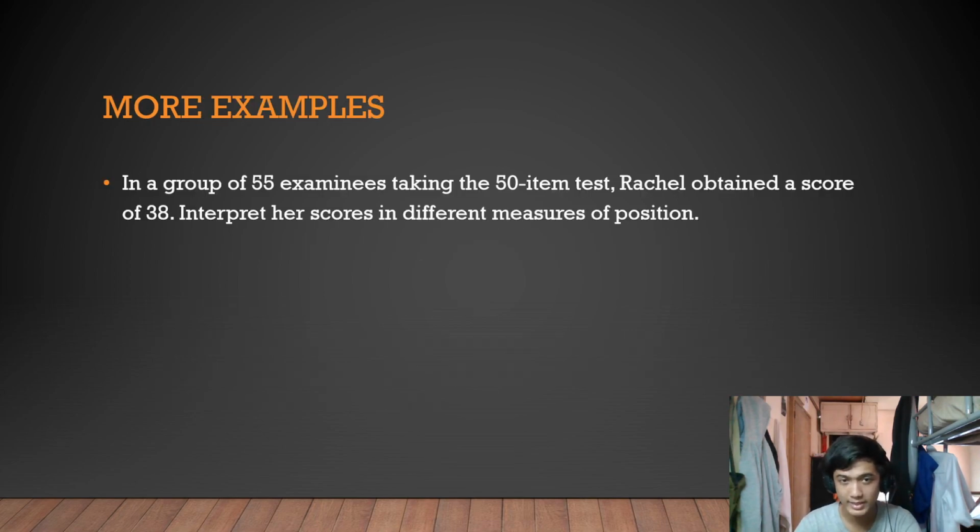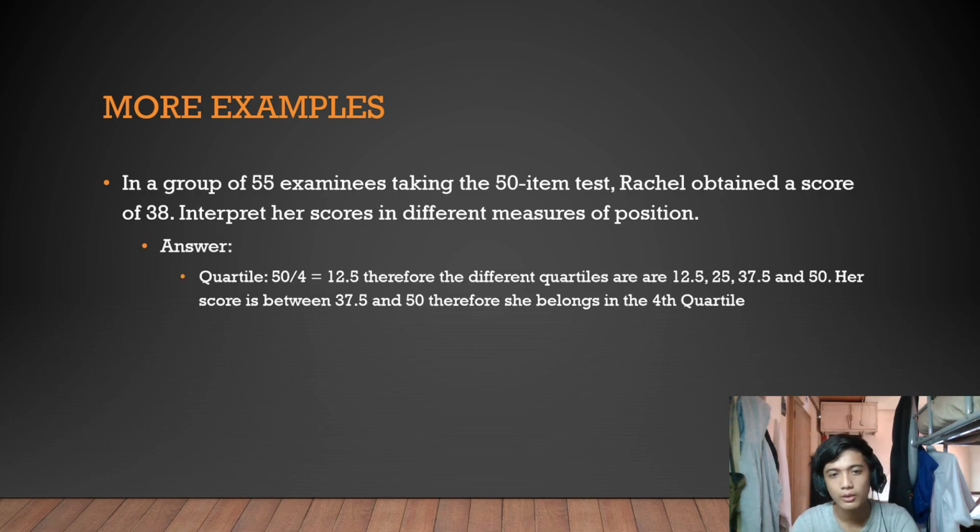In a group of 55 examinees taking a 50-item test, Rachel obtained a score of 38. Interpret her scores in different measures of position. So first, let's try to interpret her score in a quartile position. Quartile position divides the value by 4, meaning that 12.5 are the breakpoints in our quarters.